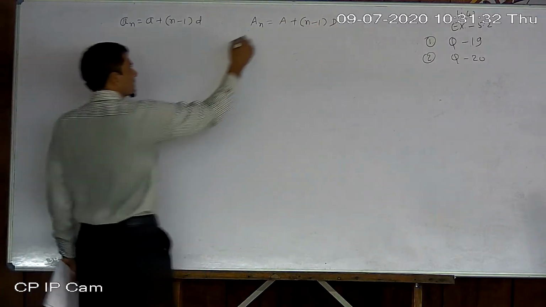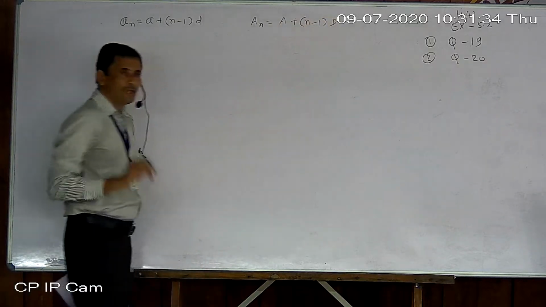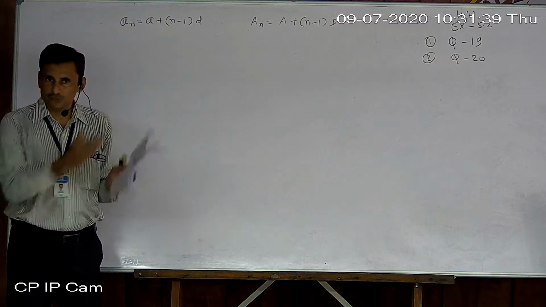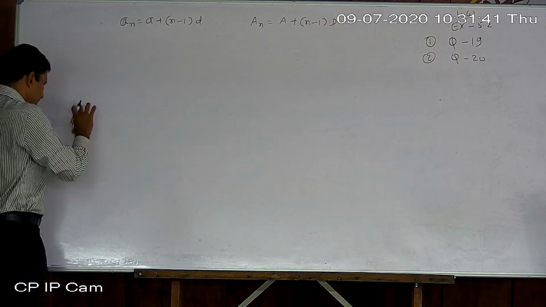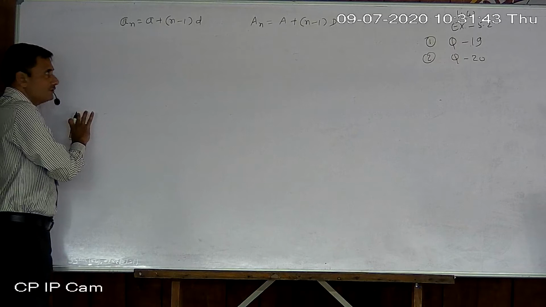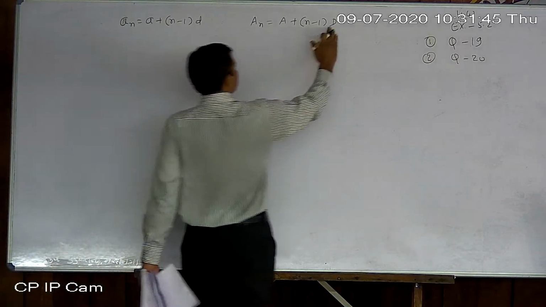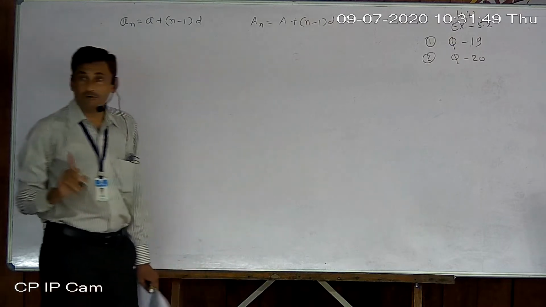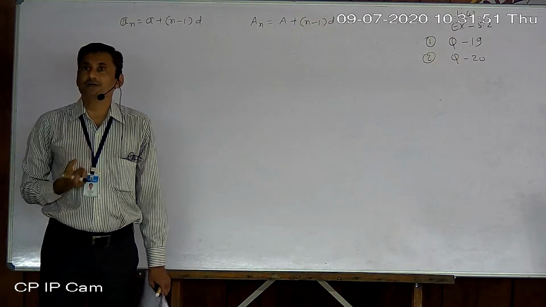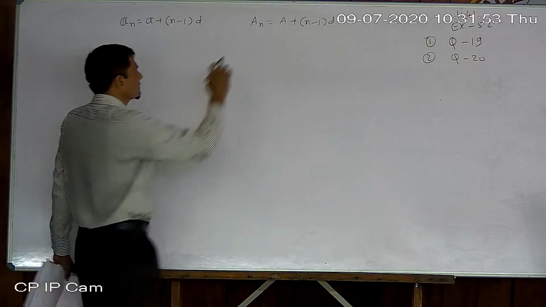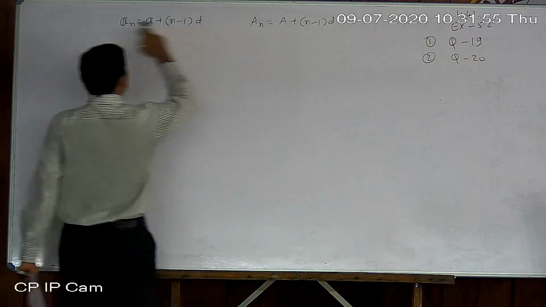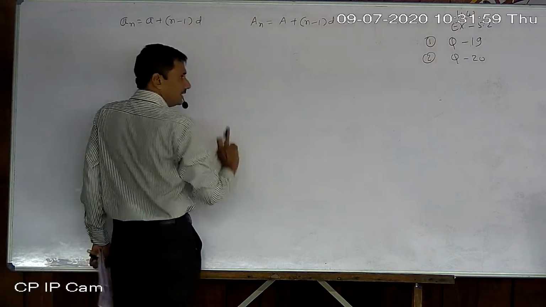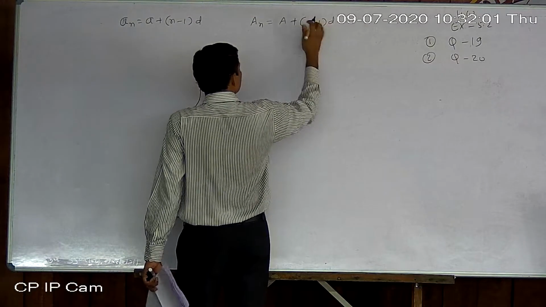Otherwise you can write small a prime also. Anyway, just different symbols so that they are not mixed up, because both first terms are different. And d remains d. No need to write small and capital d. Why? d is equal in both. Only the first term is different and the particular nth term will be different. But d remains d only, n also n. But for the time being, you can write different also here.